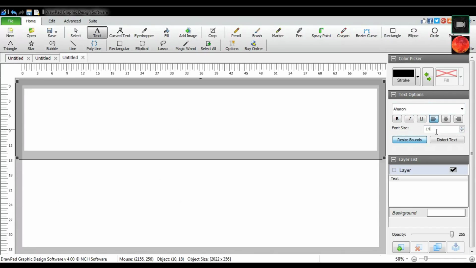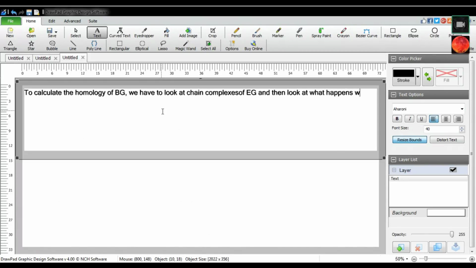To calculate the homology of BG, we have to look at chain complexes of EG, and then see what happens when we go down through the quotient to BG, when we divide out the G action.